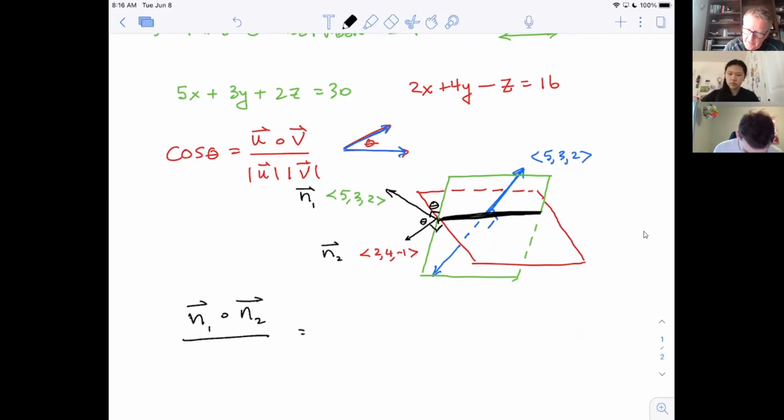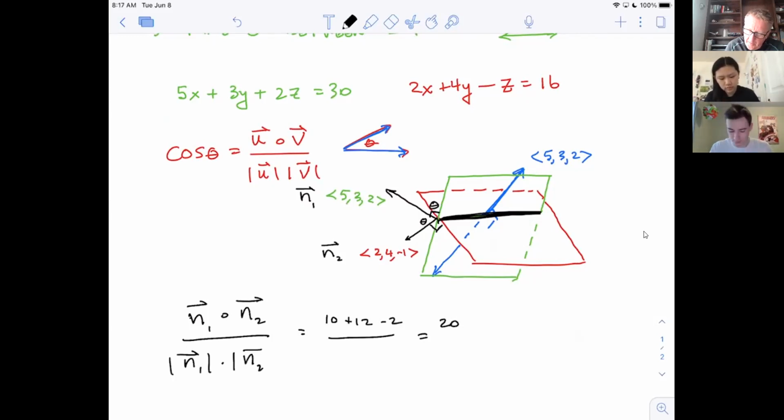So if I dot those two, I'd have 5 times 2, which is 10, plus 3 times 4, which is 12, plus 2 times -1, which is -2. So I get 20 for the top. And then I've got to find both of their magnitudes and multiply them together.